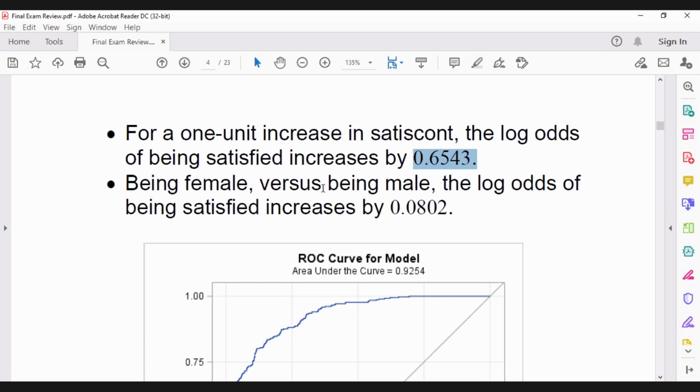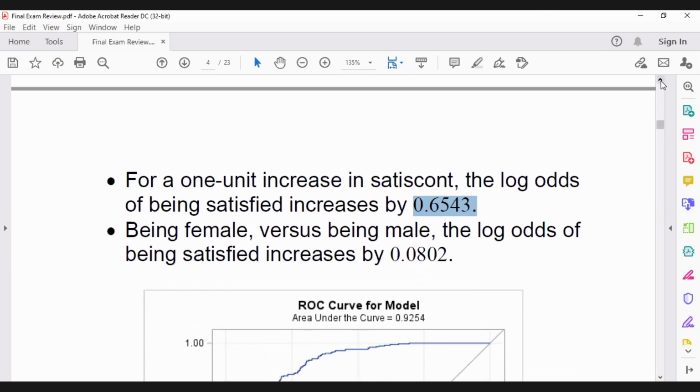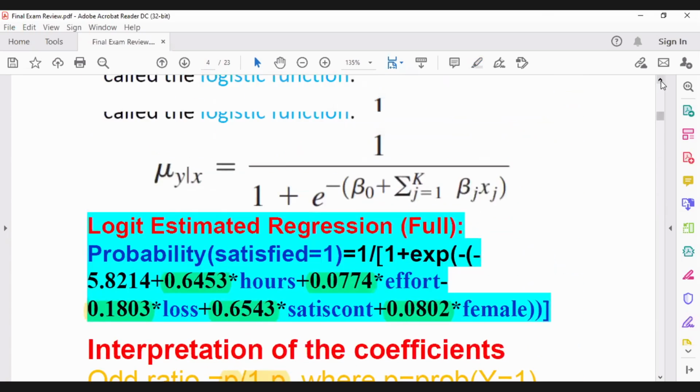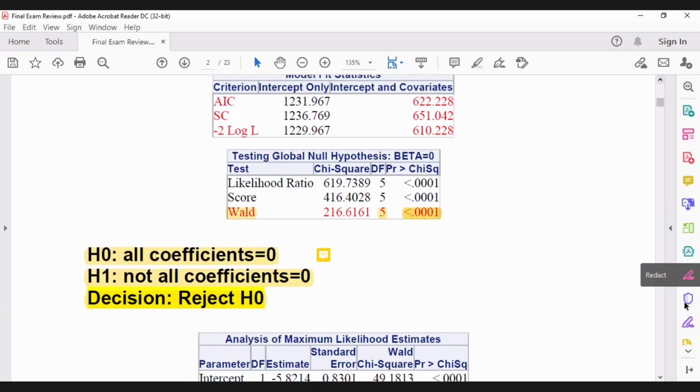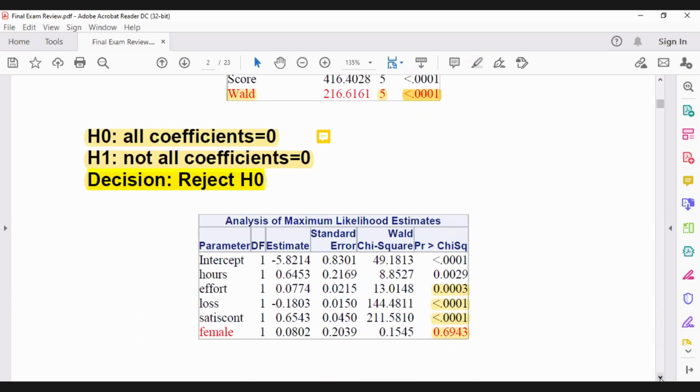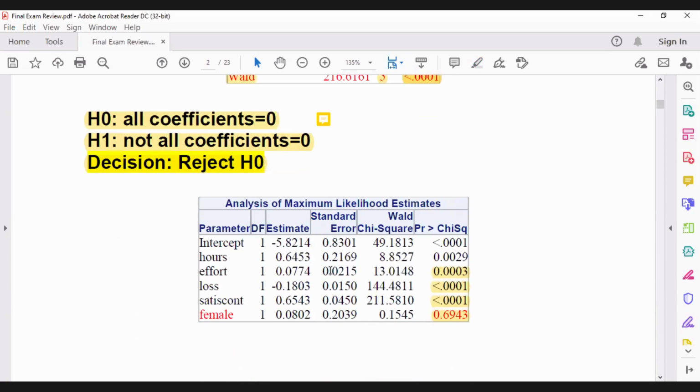These are the interpretations. I want you to get knowledge of them for the final exam, because in the final exam I will ask you to interpret this output from logistic regression. I will ask you to write down the estimated logistic equation.